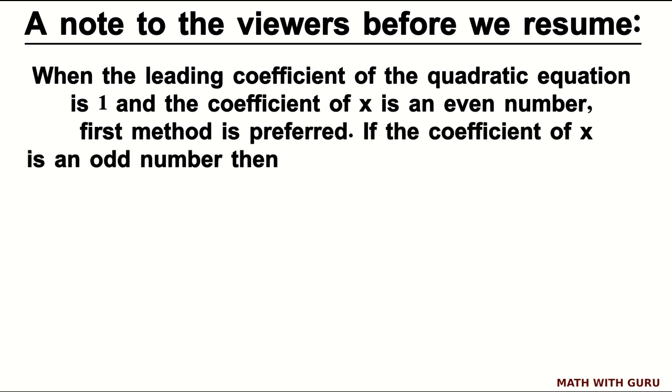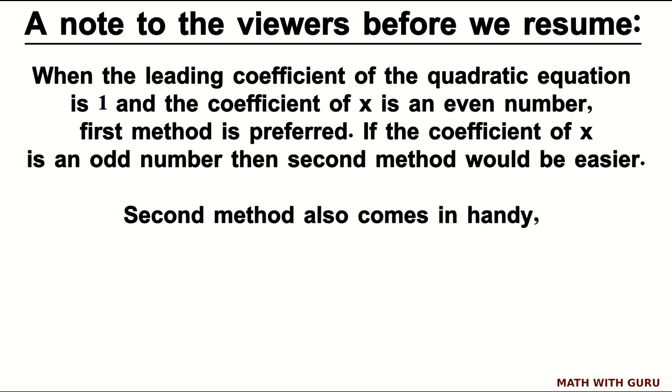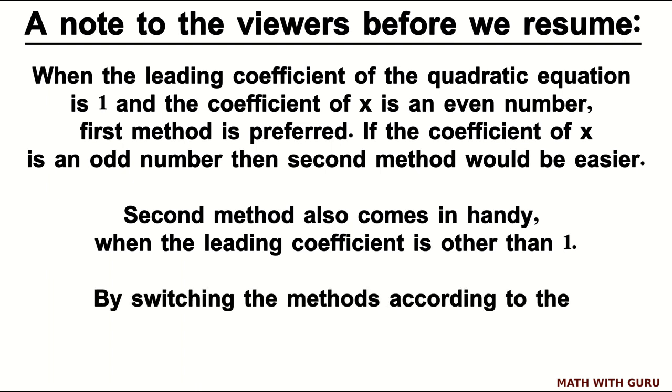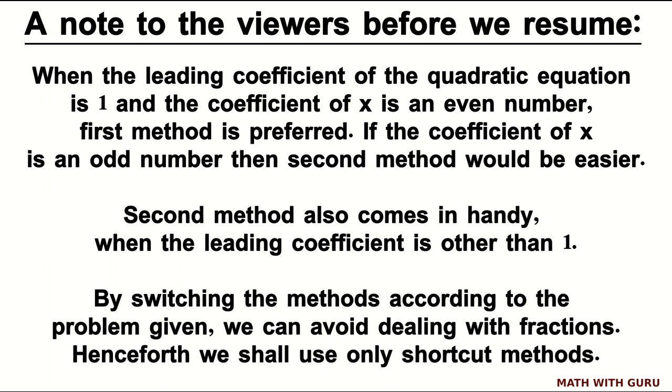If the coefficient of x is an odd number, then the second method would be easier. Second method also comes in handy when the leading coefficient is other than 1. By switching the methods according to the problem given, we can avoid dealing with fractions. Henceforth, we shall use only shortcut methods.